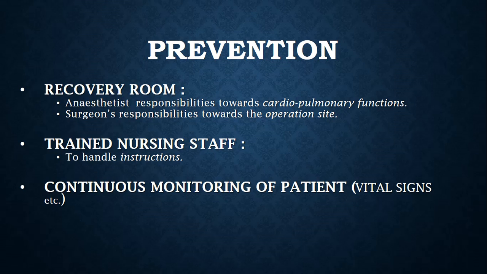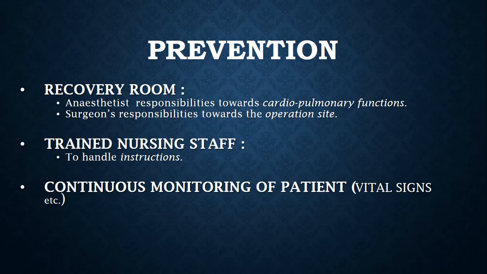How are we going to prevent it? In the first phase, immediately after anesthesia while the patient is in the recovery room, there is anesthetist responsibility toward cardiopulmonary functions and surgeon responsibility toward the operation site. Trained nursing staff should be there to handle postoperative instructions.